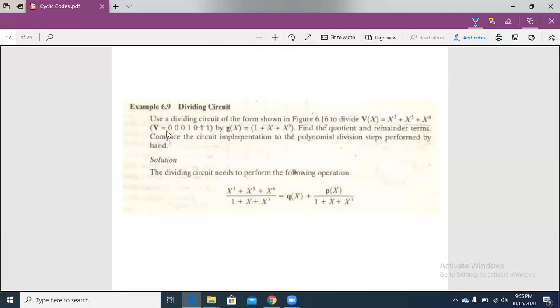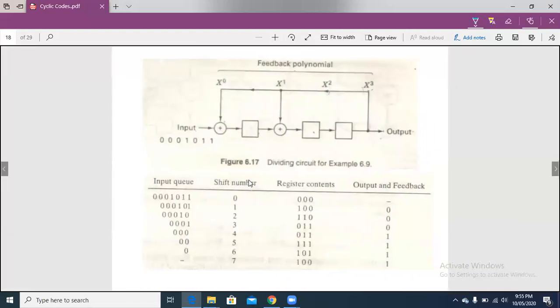So V is 0001011. We can write this in the form x3 plus x5 plus x6, and we have the generator polynomial 1 plus x3. This is the example which we considered previously. So now we implement it with this circuit.